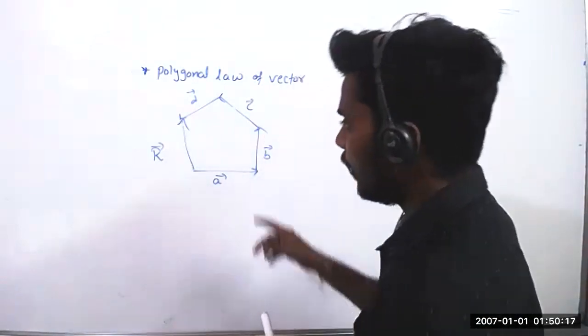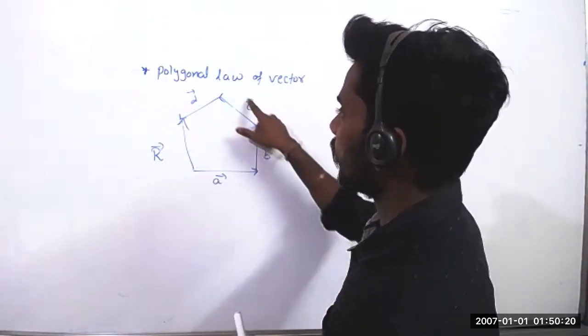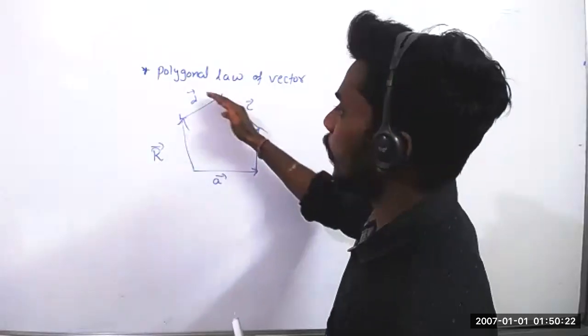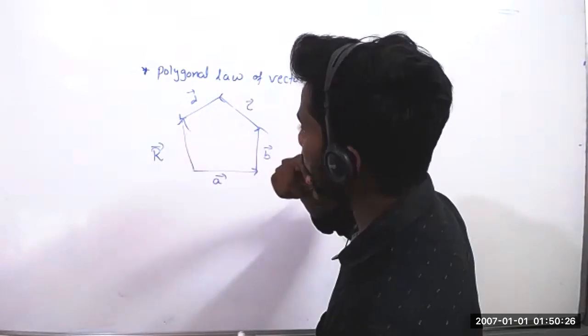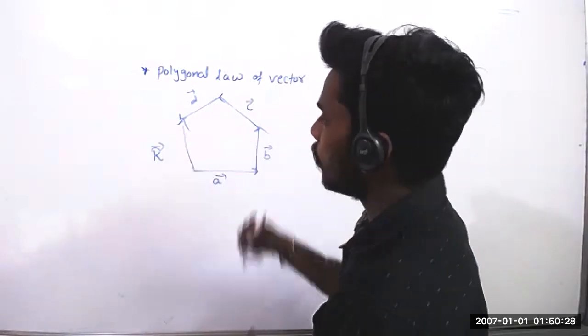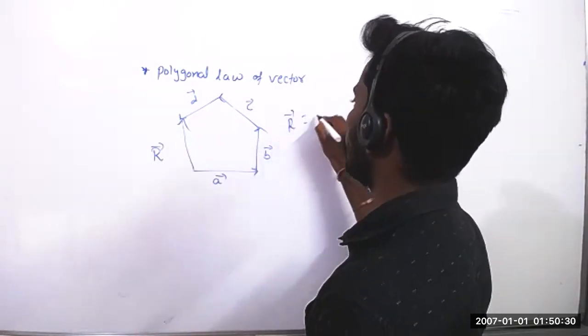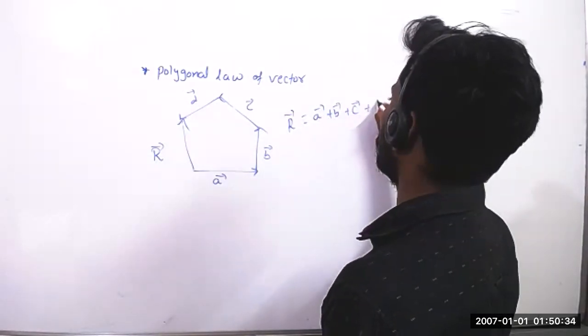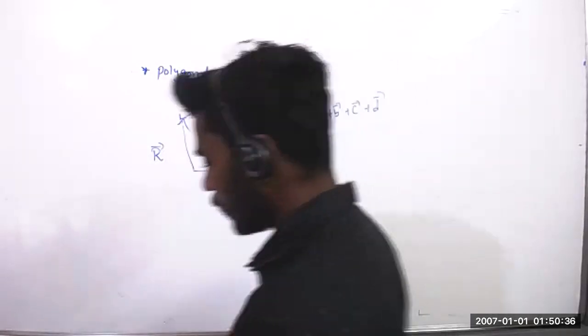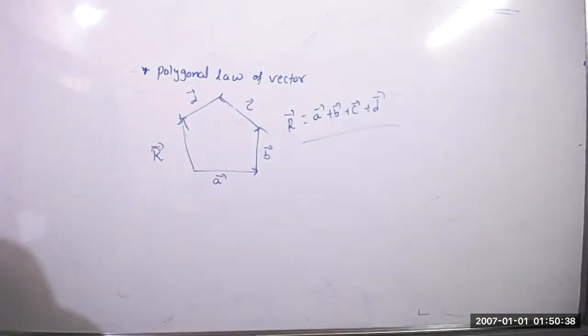Here, these vectors I have taken as the sides of the polygon, then the resultant is taken in the opposite side of the polygon. So here resultant R bar equal to A bar plus B bar plus C bar plus D bar. Clear?